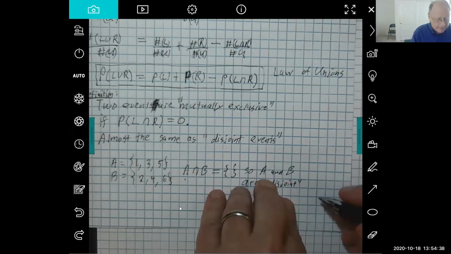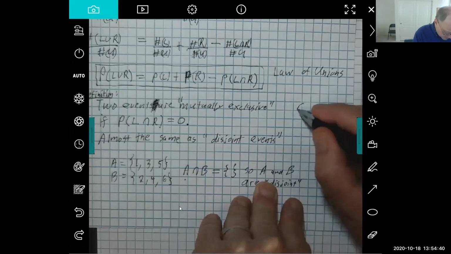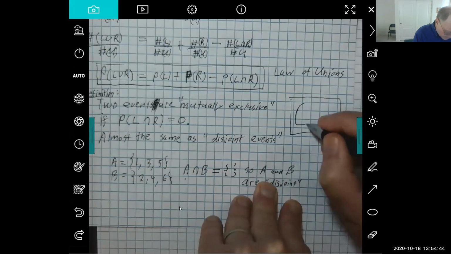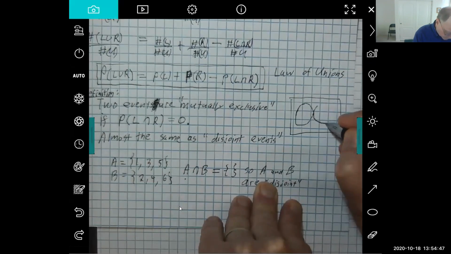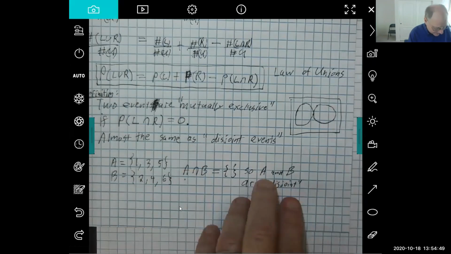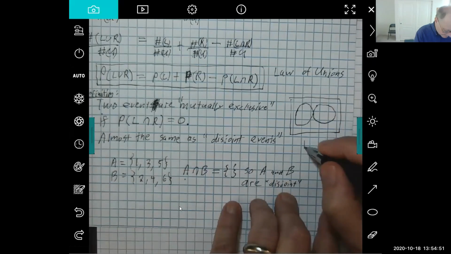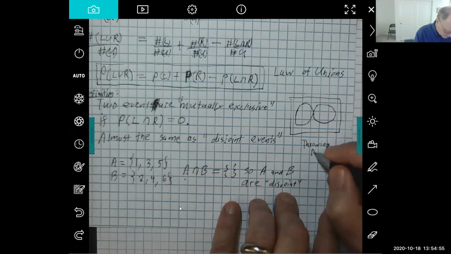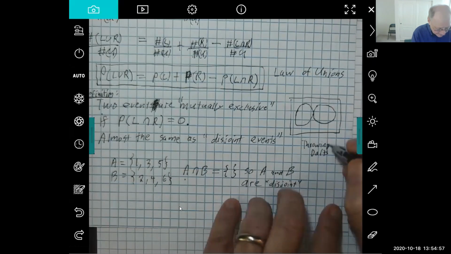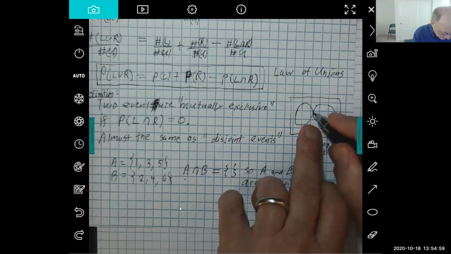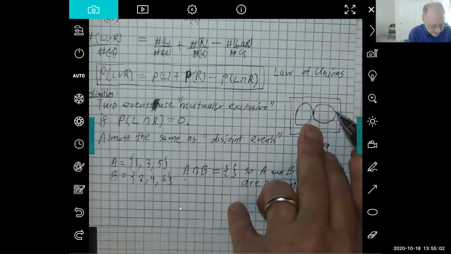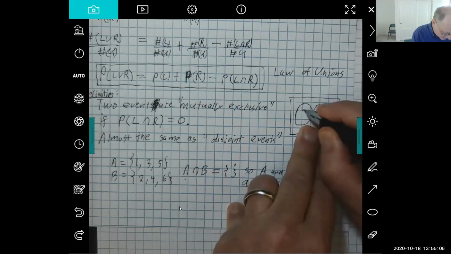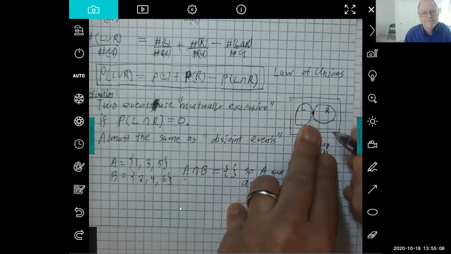We consider an experiment where I'm throwing darts at a target. And here I've got these two events. I've got the left target and the right target.